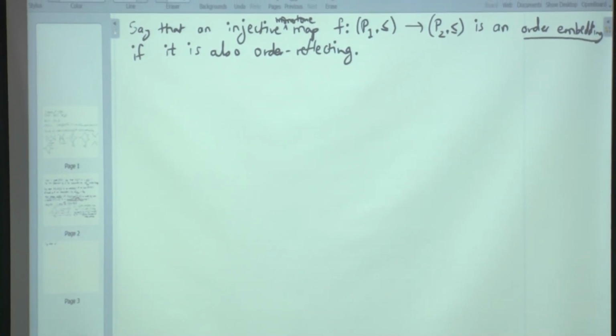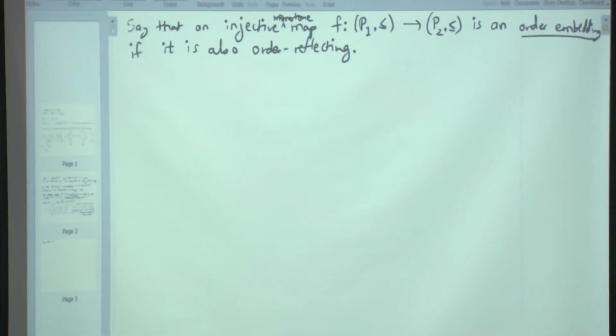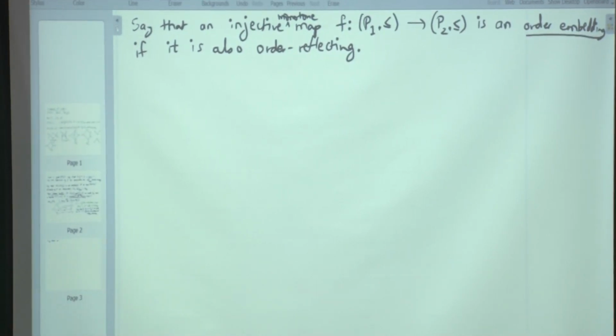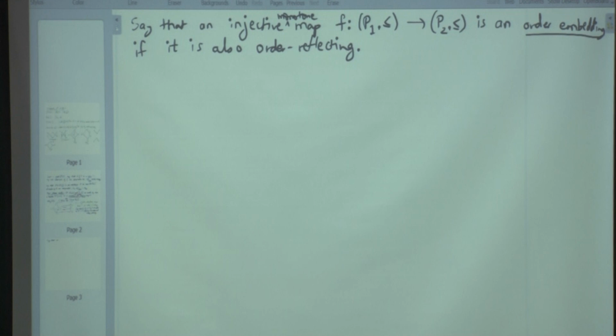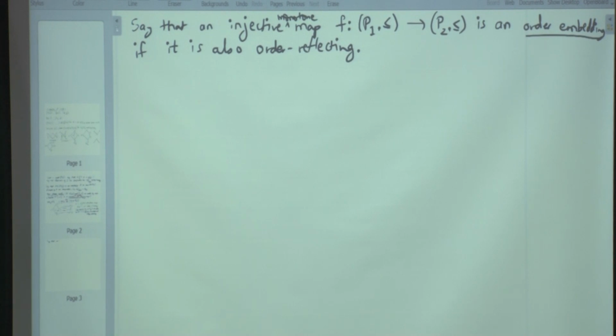See, embedding, this word, you embed, you don't change your identity, you just go and sit somewhere else. Right? So therefore it should be order preserving, order reflecting, and injective, but not necessarily bijective.